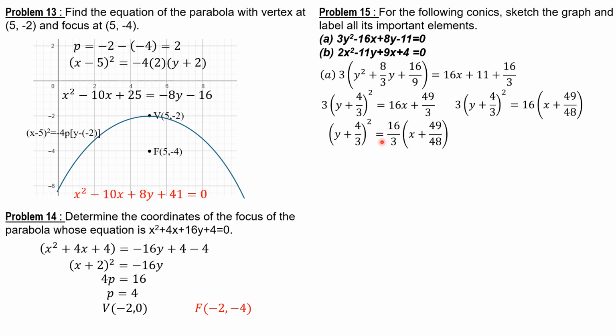So this is a parabola that is open to the right. The vertex is at negative 49 over 48, negative 4 thirds. The distance between the vertex and the focus is 1/4 of 16 over 3, so that's 4 thirds.